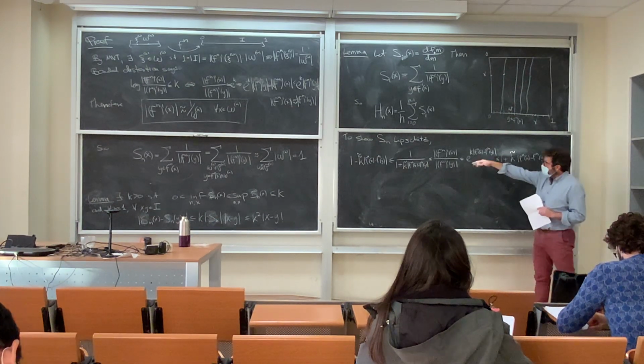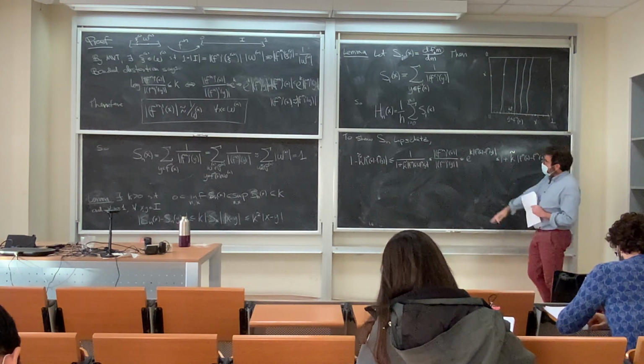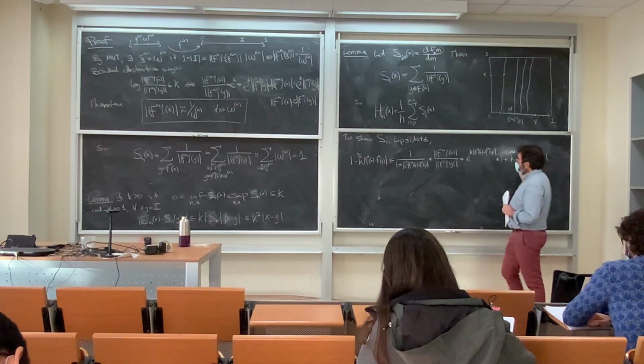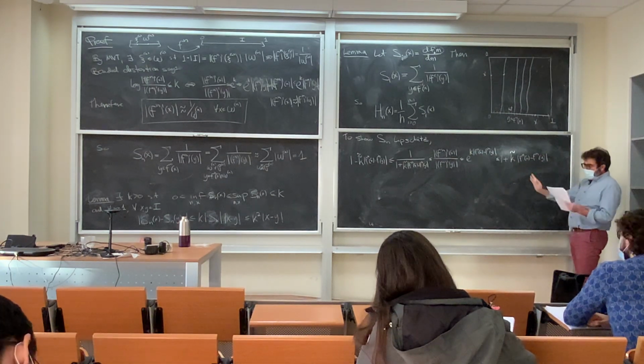So this is just taking advantage of the bounded distortion to say that the ratio is close to 1 up to some constant that can be written in this way.